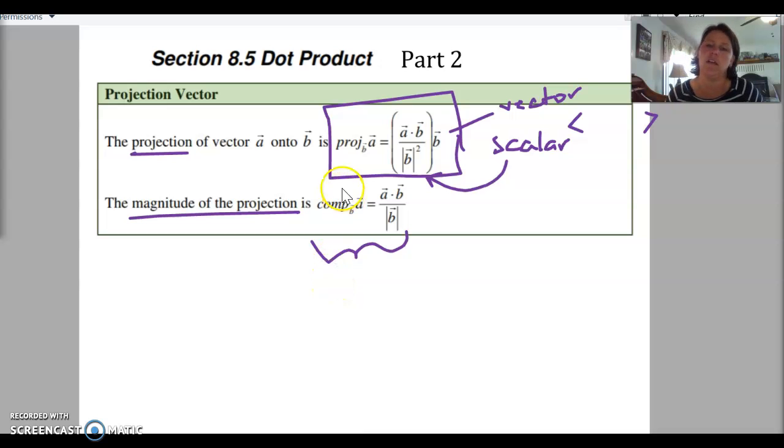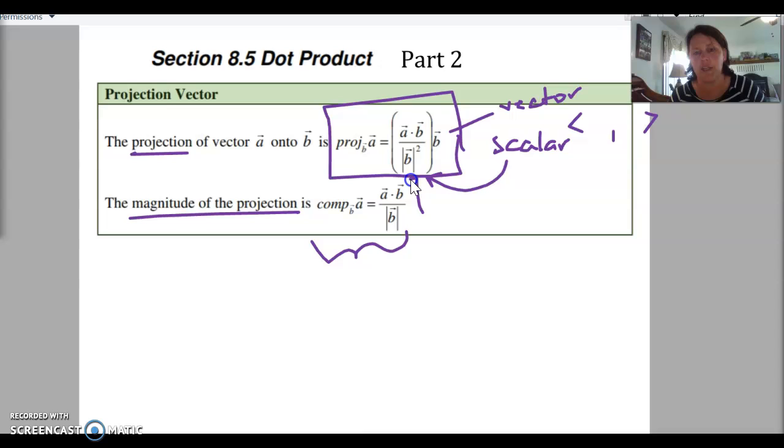It's what they call the component, which is kind of confusing. When we call this the component form of a vector, it's kind of confusing to go back and use that word again. So a lot of times we'll just refer to it as the magnitude of the projection, but you may see it somewhere along the way in this format.